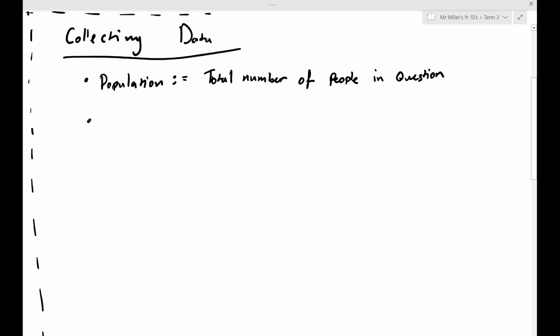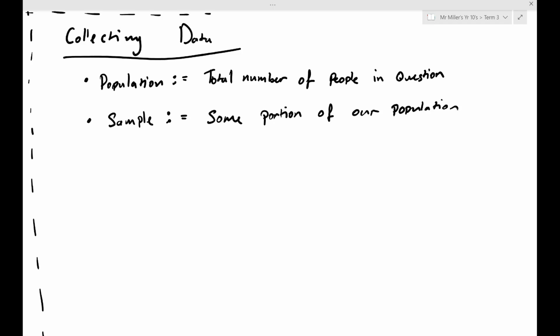Next definition, a sample. This is going to be some portion of a population. So maybe I want to conduct an experiment. I don't need to ask the full population.